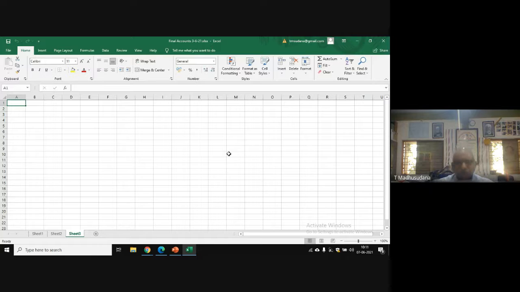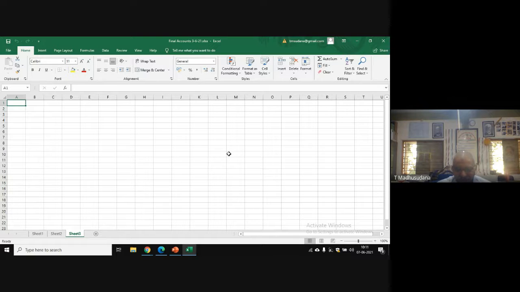Next, returns. You just see the returns here. In the business, there may be two types of returns: sales returns and purchase returns. Here they are just given as returns, and the amount is given on both the debit side and the credit side. So which returns is which one?